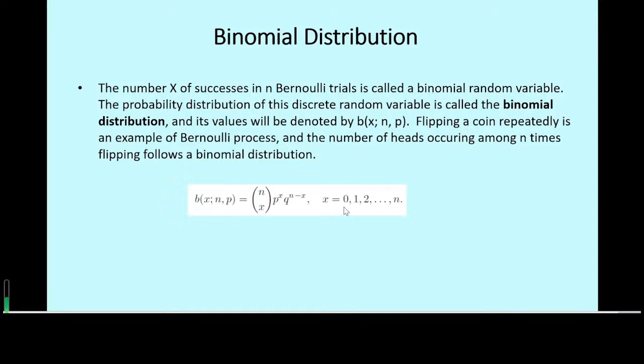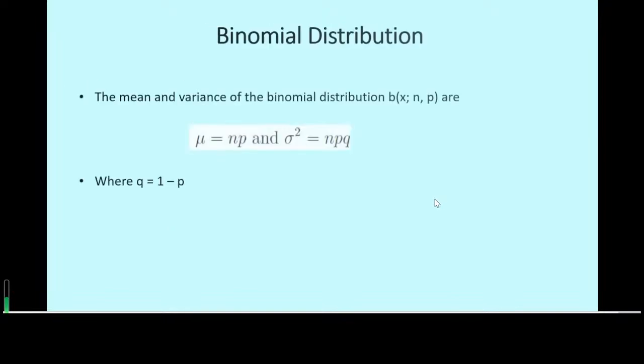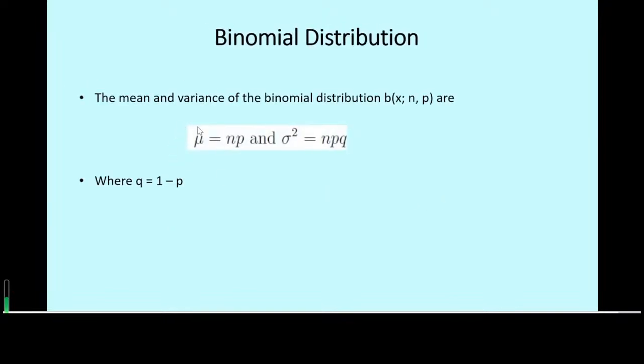So x can be 0, 1, 2, 3, up to n. And the mean and variance of the binomial distribution b(x; n, p): the mean equals n times p, and the variance sigma squared equals n times p times q.